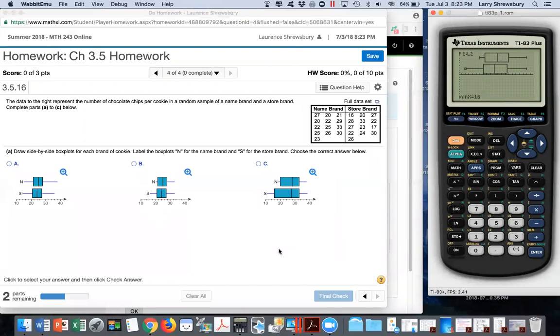Now let's see. Do you think we can locate this? Well, let's see now. Does it look like this could possibly be it? No, because look at that. See, there's a big difference in the left whisker, so it can't be this one.